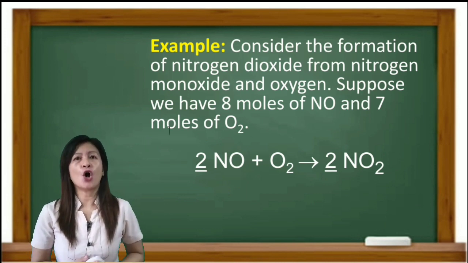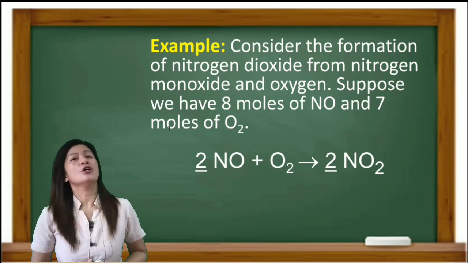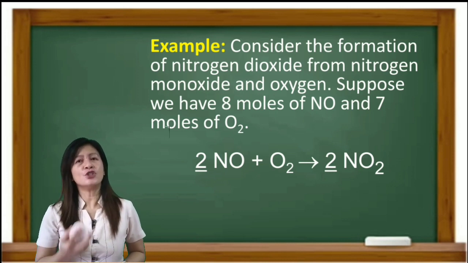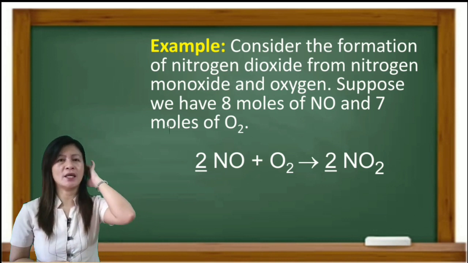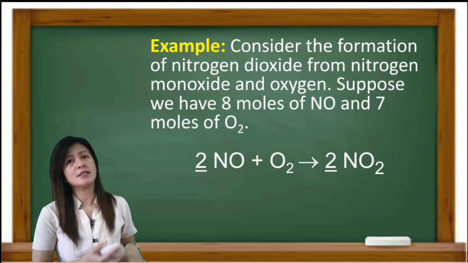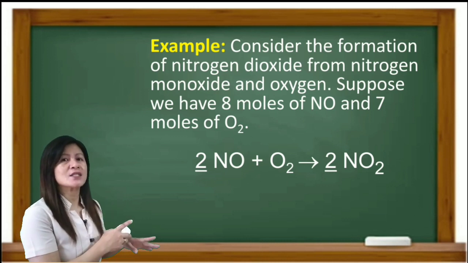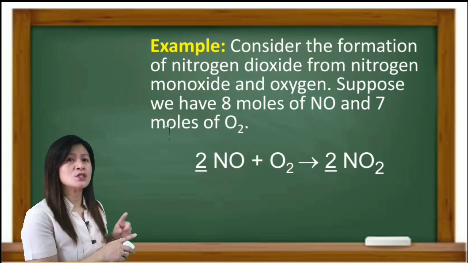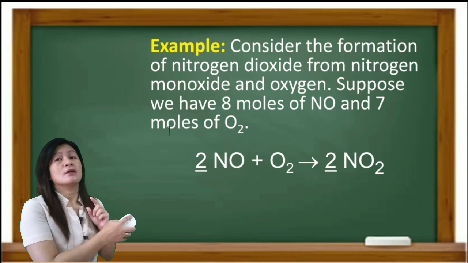Let's have an example. Consider the formation of nitrogen dioxide from nitrogen monoxide and oxygen. Suppose we have 8 moles of nitrogen monoxide and 7 moles of oxygen gas. The corresponding chemical equation is 2 moles of nitrogen monoxide reacts with 1 mole of oxygen gas to produce 2 moles of nitrogen dioxide.